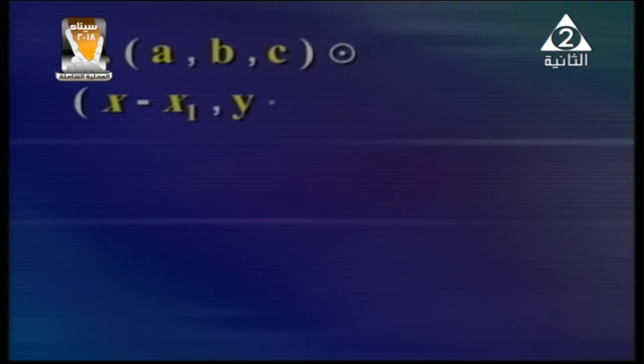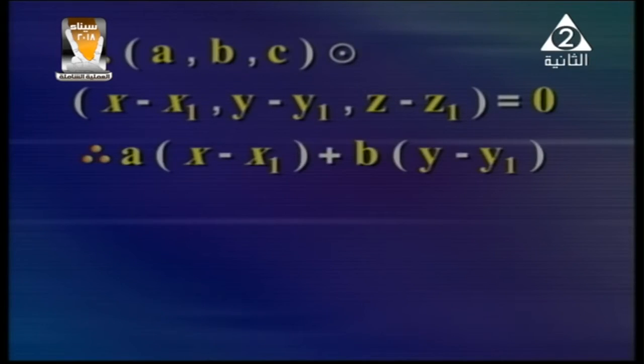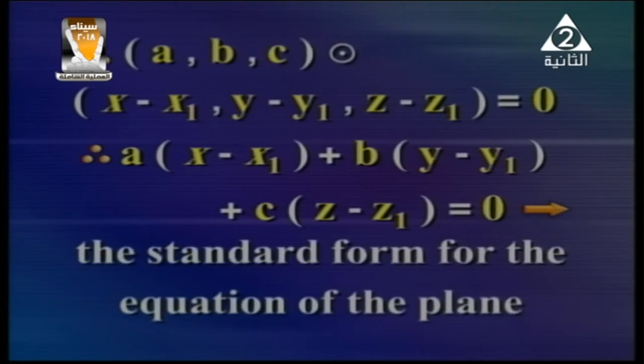By substitution, a, b, c dot (x minus x1, y minus y1, z minus z1) equals 0. Then a multiplied by the bracket x minus x1 plus b multiplied by the bracket y minus y1 plus c multiplied by the bracket z minus z1 equals 0. It is called the standard form for the equation of the plane.